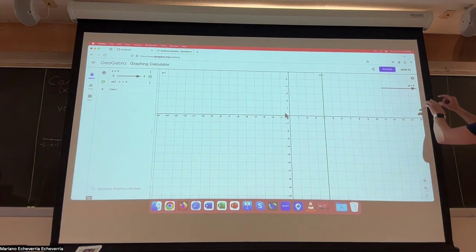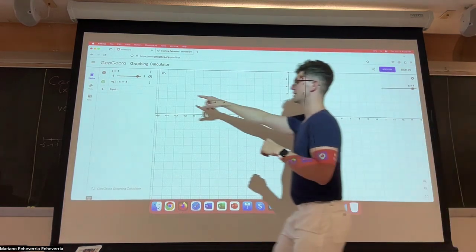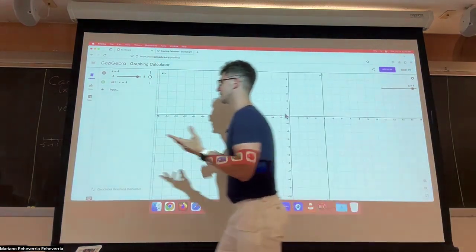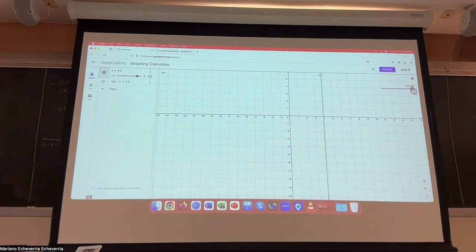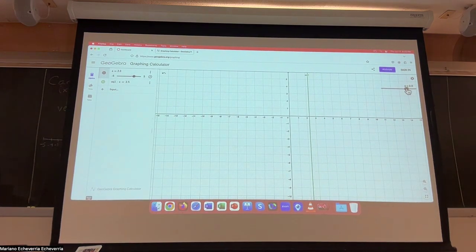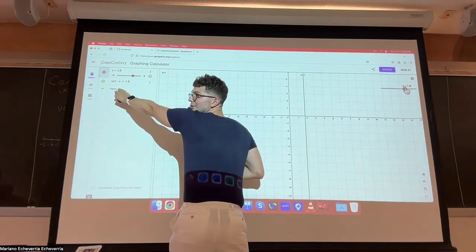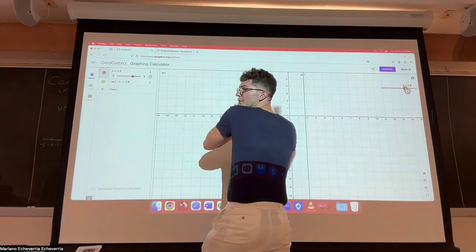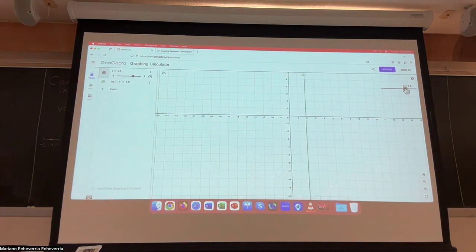And then you can control the value on the right hand side of the equation. So I'm going to start sliding the value and you'll see what happens. Now it shows the value to be 1.8, so it's now x equals 1.8, and that just moves the vertical line either to the left or the right, depending on what value I choose to give to the right hand side.